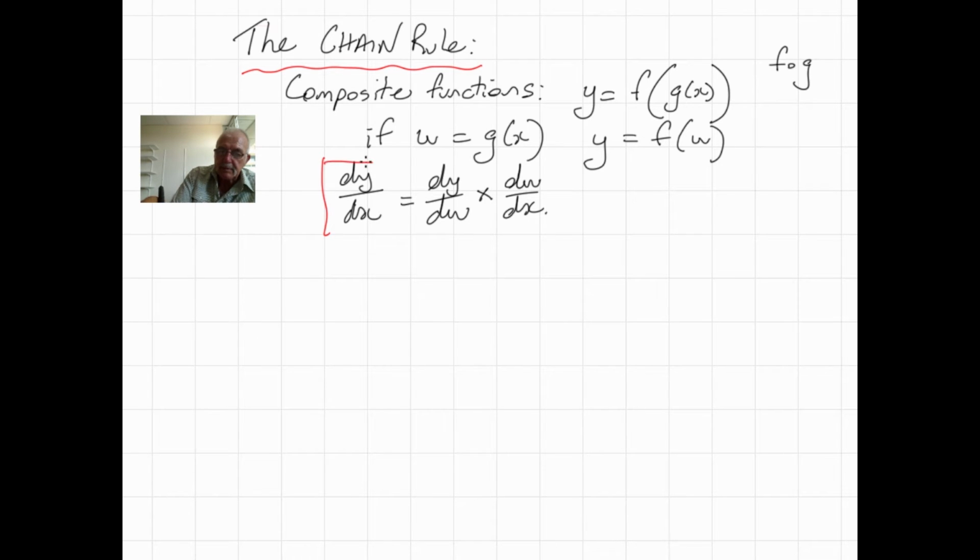That's the chain rule that needs to be committed to memory. That's if you've got a two-level composite.